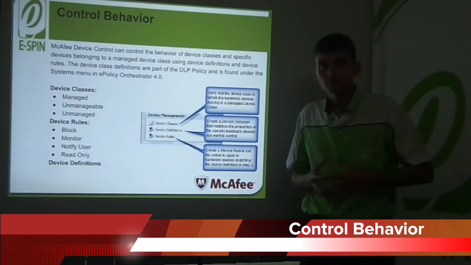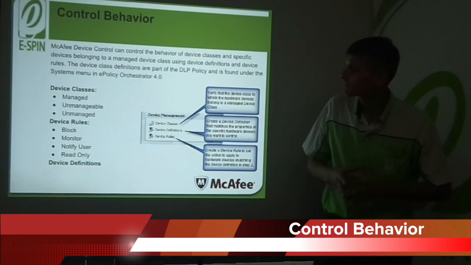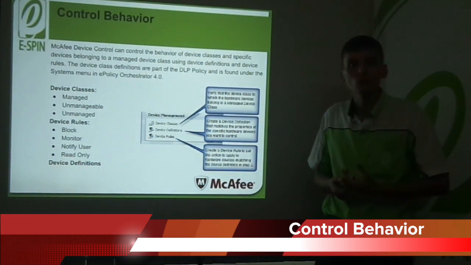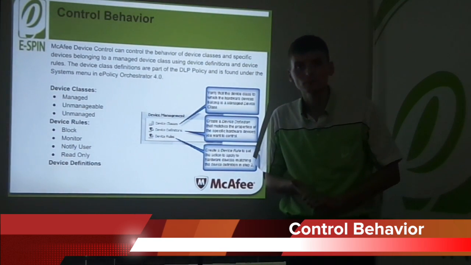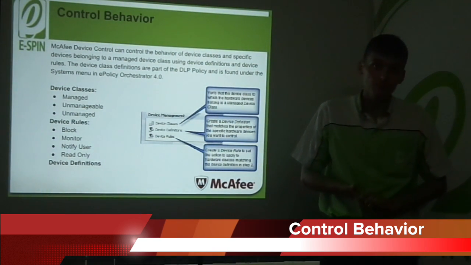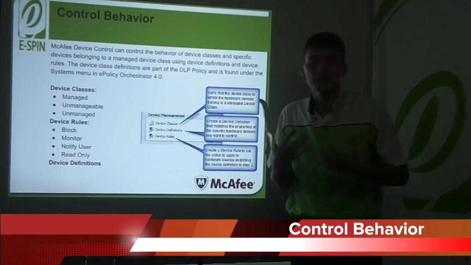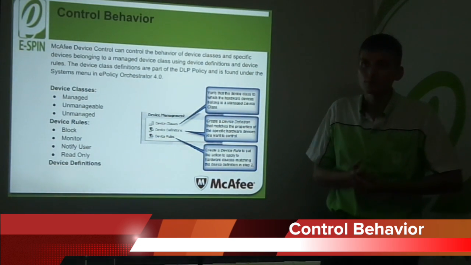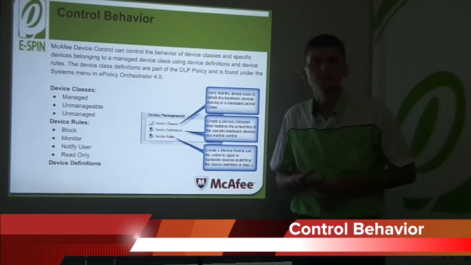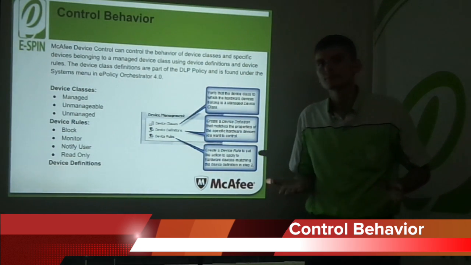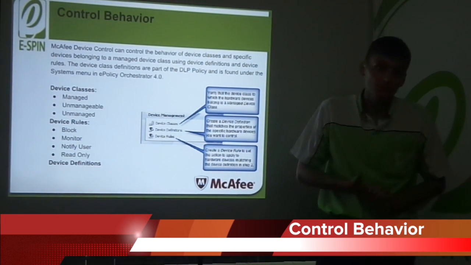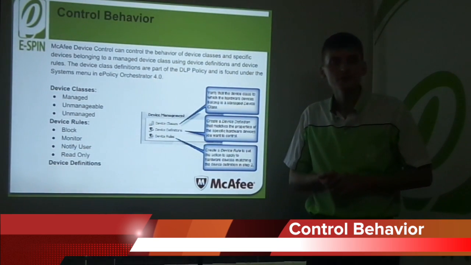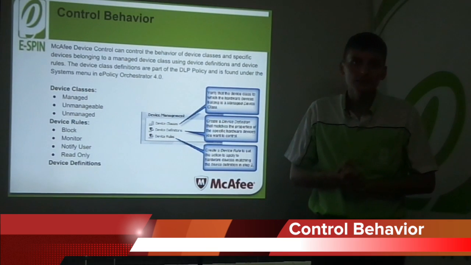Device classes divide into three groups: managed, which is fully managed and controlled by McAfee device control; unmanageable, which means McAfee device control does not try to manage it because it is not necessary, for example a battery device or processor; and unmanaged, which doesn't mean by default it is not managed, but it can easily be managed.